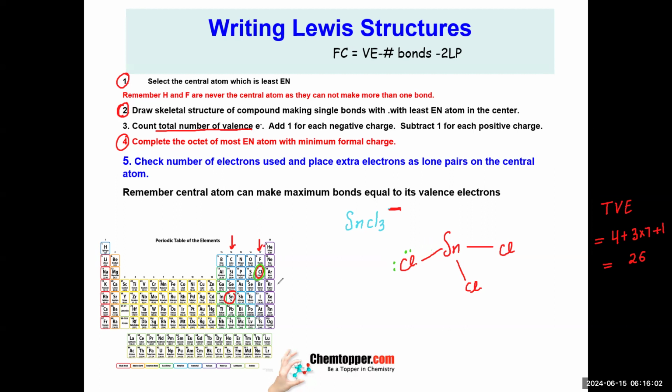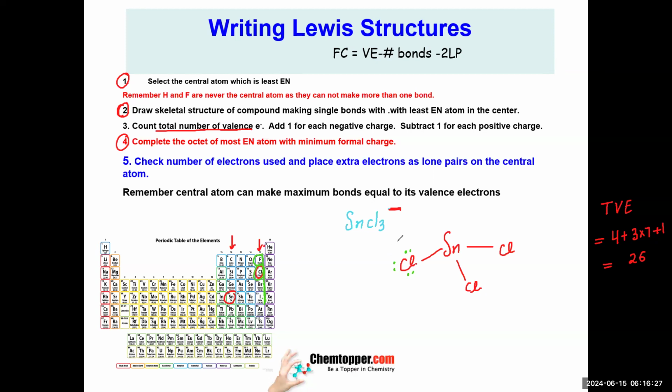Write down this also. When chlorine is not the central atom, not just chlorine, all of them: fluorine, chlorine, bromine, iodine. Fluorine is never the central atom, but chlorine, bromine, iodine can be the central atom. But if they are not the central atom, then they are going to behave like fluorine. They will share only 1 electron and they will make only a single bond.